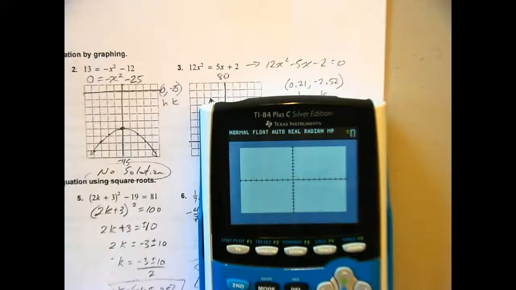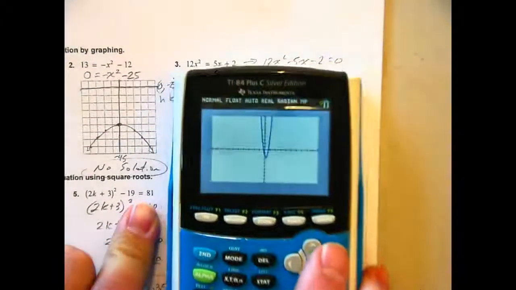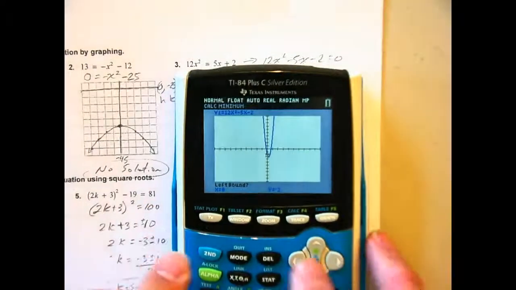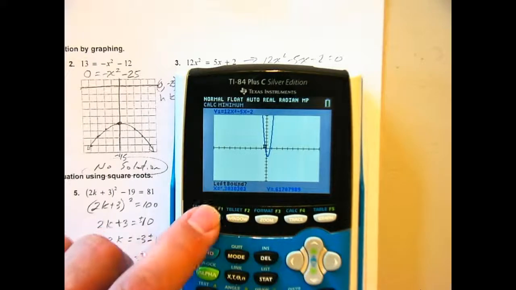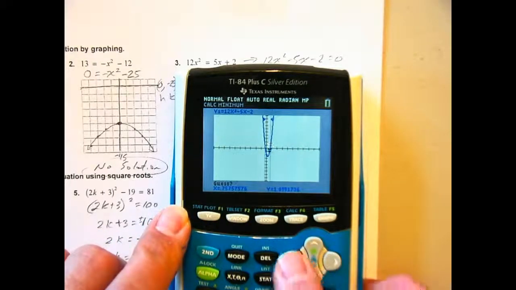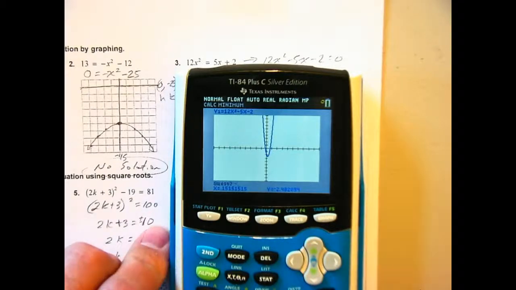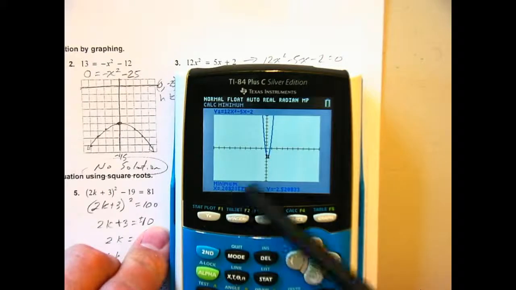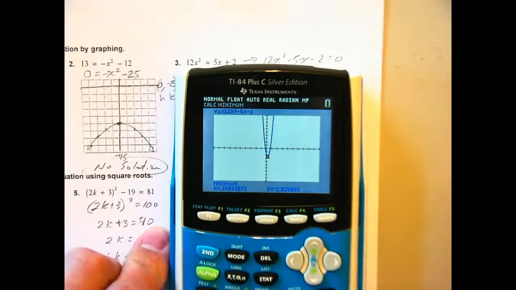The other problem that was tough with this one was seeing where the zeros were. So let's go left bound, enter, right bound to the right of our minimum, enter, and then our guess, getting as close as we can. So looks like our minimum is 0.208 and negative 2.5.